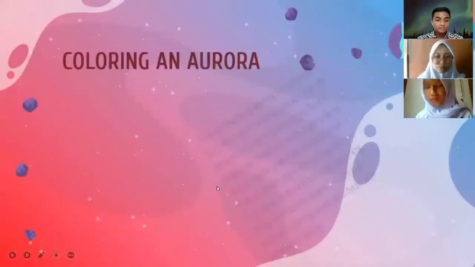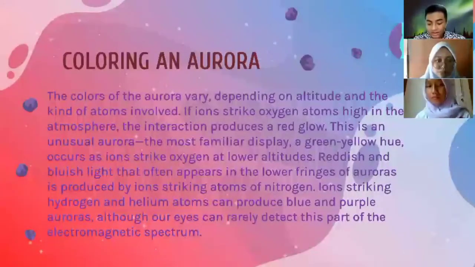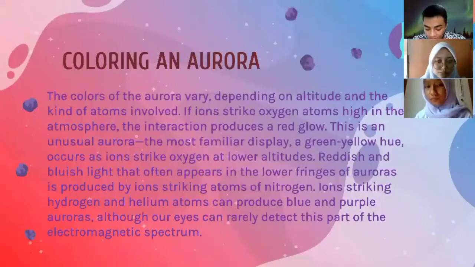Coloring of auroras. The coloring of the aurora varies depending on altitude and the kind of atom involved. If ions strike oxygen atoms high in the atmosphere, the interaction produces a red glow.